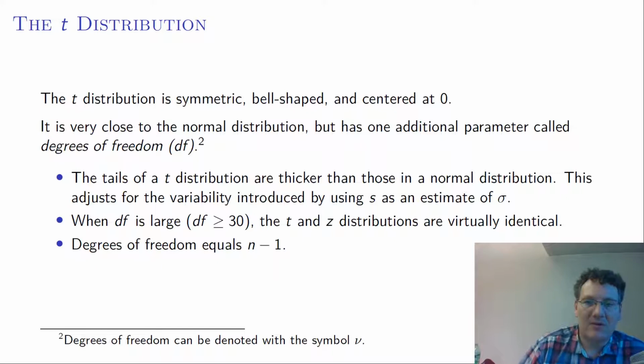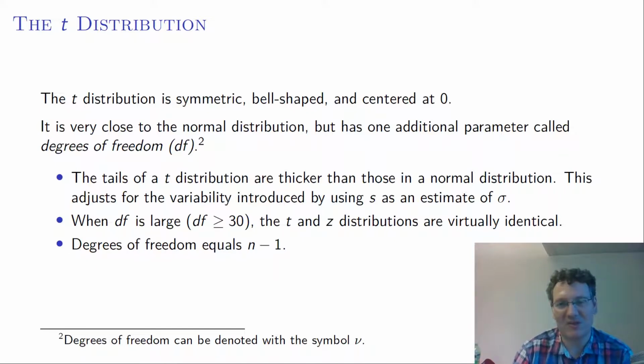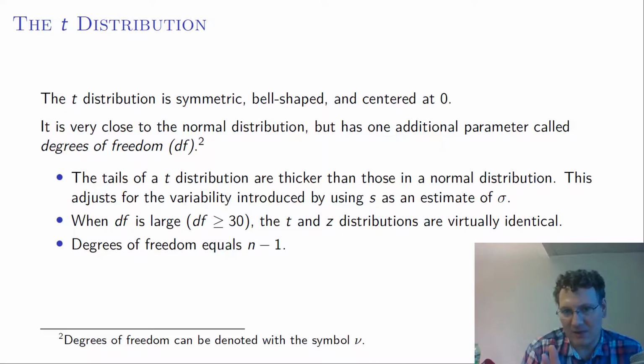Now there's this probability distribution called the t distribution, which is fundamental to statistical inference on the population mean, at least. The t distribution is bell-shaped, but it's a little bit different than the normal distribution. It's centered at 0, and it has a standard deviation of 1, but its tails are a little fatter than the normal distribution.